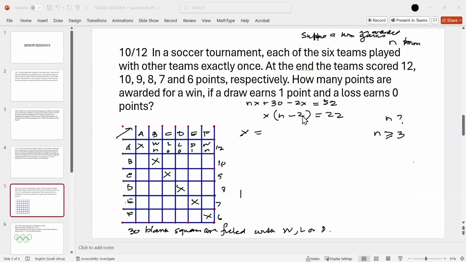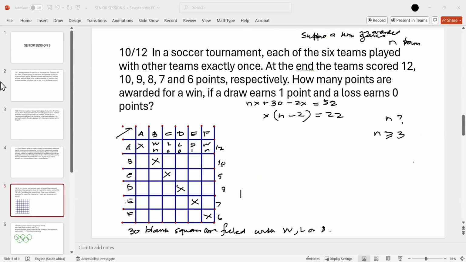You're multiplying a positive number by something to get 22. So the number of points earned is at least 3 points. And also, n minus 2 is a factor. That's very powerful because these two numbers multiplied give you 22. So there are very few factors.